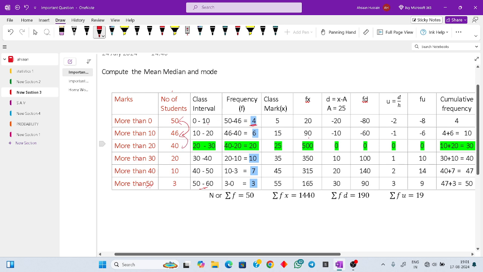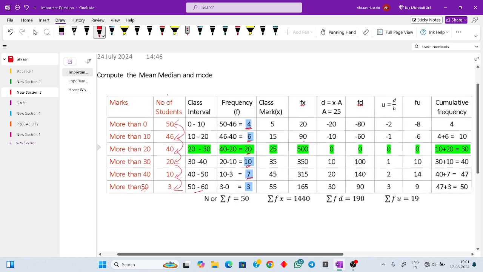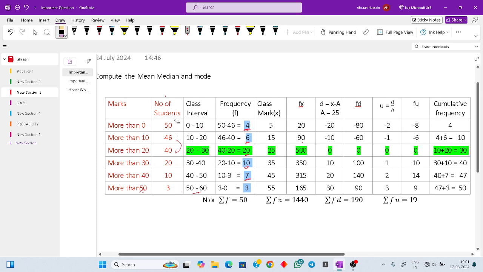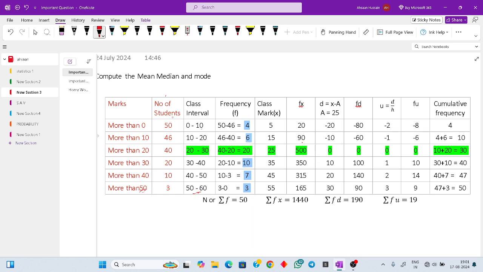Then 46 minus 40 will give 6. Then 40 minus 20 will give 20. Then 20 minus 10 will give 10. Then 10 minus 3 will give 7. Then, sorry, this one we have to write as it is. So this is done. We have found the class interval column and we have found the frequency column also.